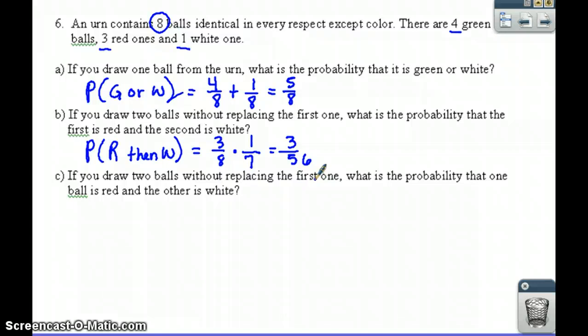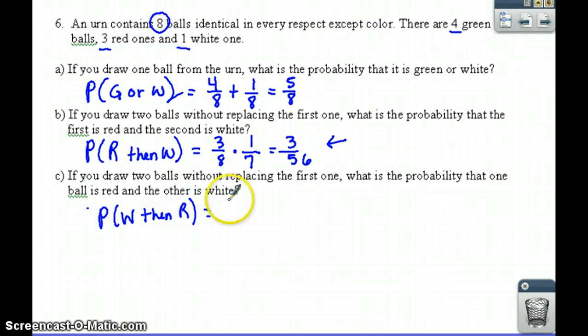And finally, if you draw 2 balls without replacing the first one, what's the probability that one is red and the other is white? Now the difference here is that the order doesn't matter. We could first pick a red ball and then a white ball, or we could first pick a white ball and then a red ball. So if you look at number 6B here, this is if we first picked a red and then a white. What about if we first picked a white and then a red?